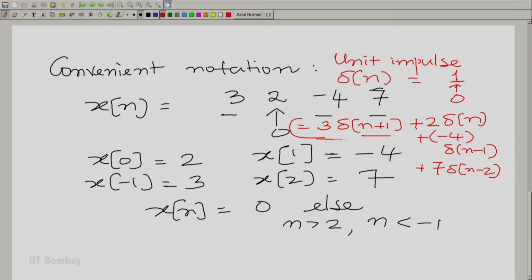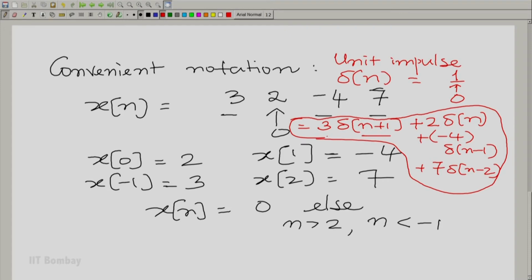This is a simple example which tells you how you could associate a combination of unit impulses or appropriately weighted impulses with any sequence. Now, here I have illustrated this for a finite length sequence, but you can do this forever.